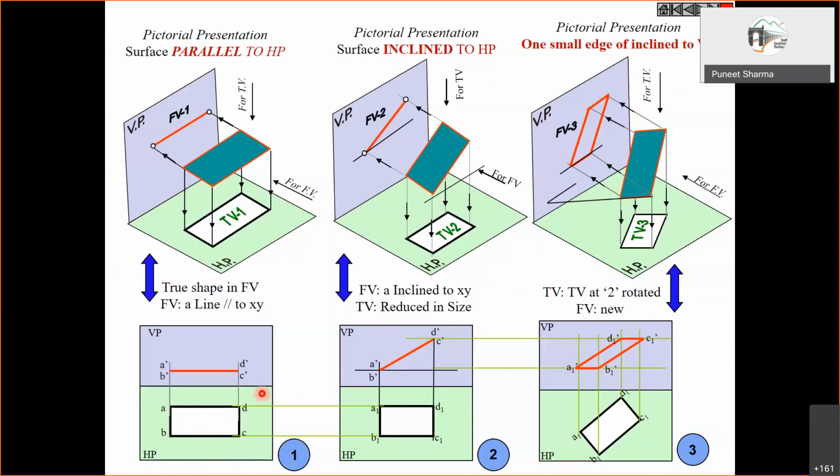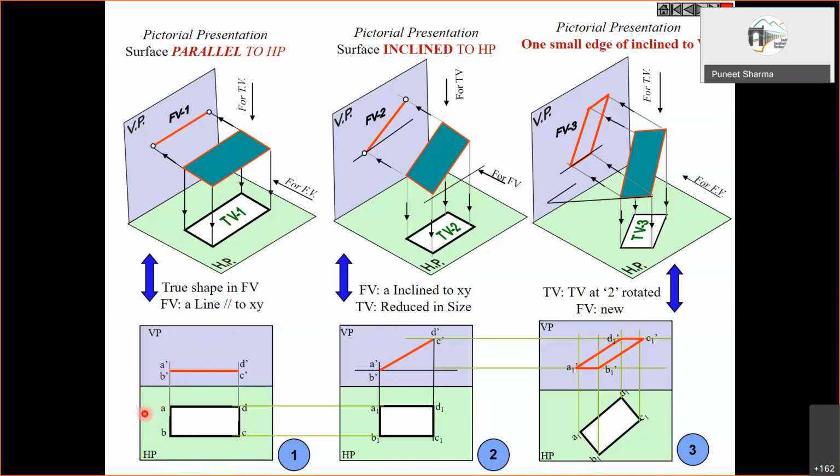Eventually, that makes this edge perpendicular to the vertical plane. The advantage we had discussed earlier also: this edge now gives us a point view. Both endpoints are coincident in the front view. So this is the first step.